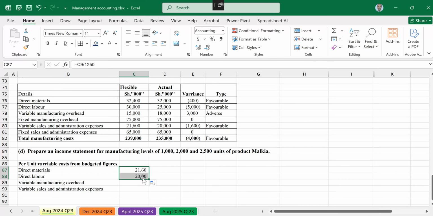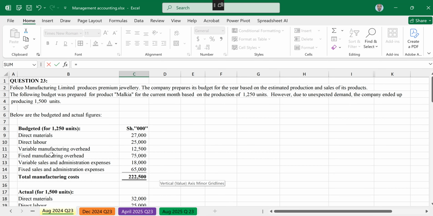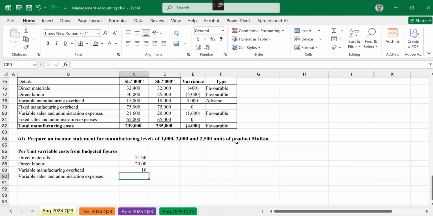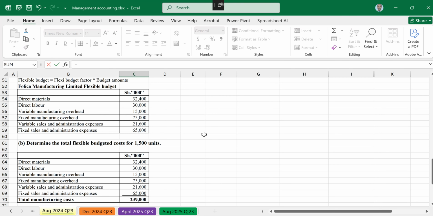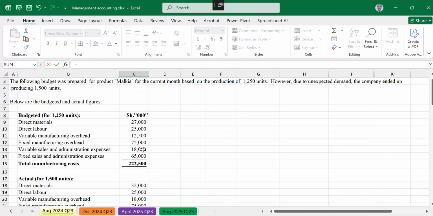Then variable manufacturing will be different. You take equal sign, go to the variable budgeted figures, 12,500 divided by 1,250. That is 10. Then finally, variable sales will be 18,000 divided by 1,250 again.